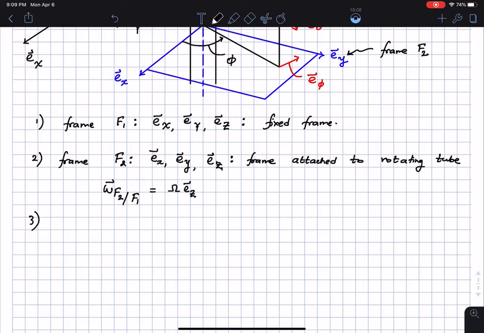And then thirdly, I have frame F3, which is ER, E theta, and then E phi. This is the frame that depicts the motion of the particle.